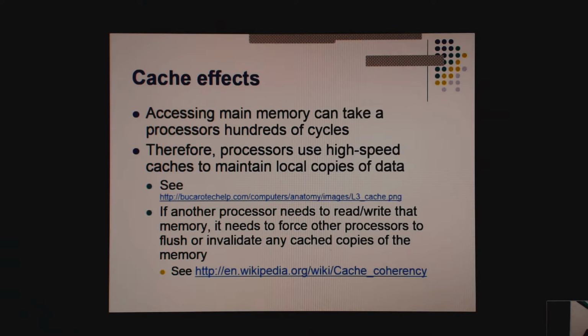Therefore, processors use high-speed caches to maintain local copies of data. If another processor needs to write that memory, it'll need to force the original processor to flush or invalidate any cache copies of the memory. Okay?